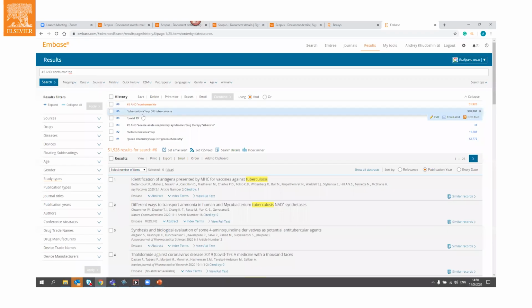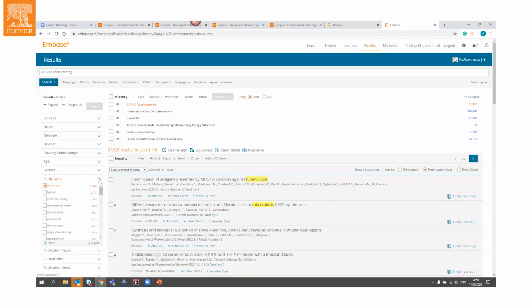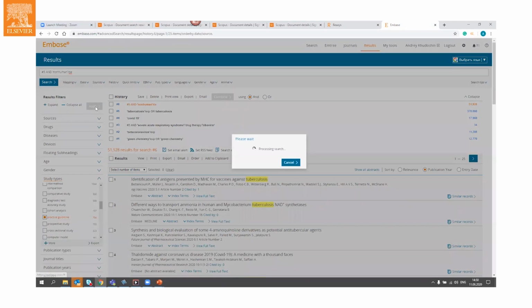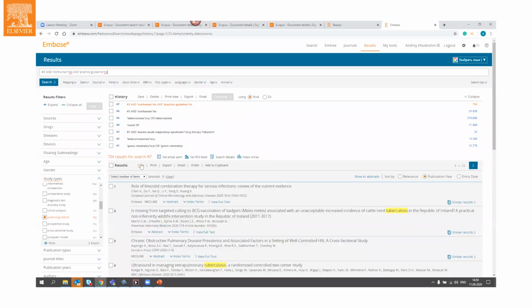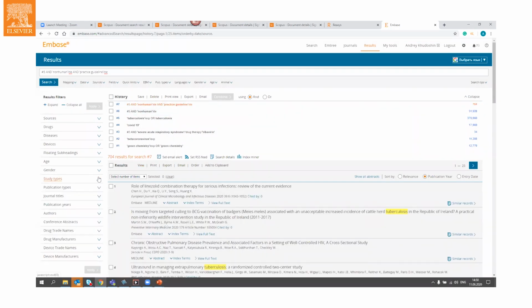And after that, you can use triple indexing diseases, select required diseases, go to the subheadings, drug therapy subheadings, and export. So we can do it right now on the example of tuberculosis for veterinary diseases. We have 51,000 articles. We go to the study type and select practice guidelines. When we found our 700 results, we can go to the publication years and filter years, but I don't want to do it right now.